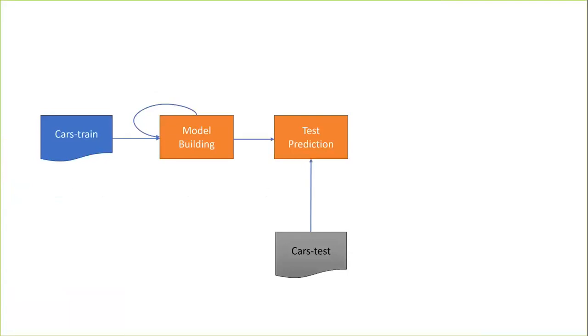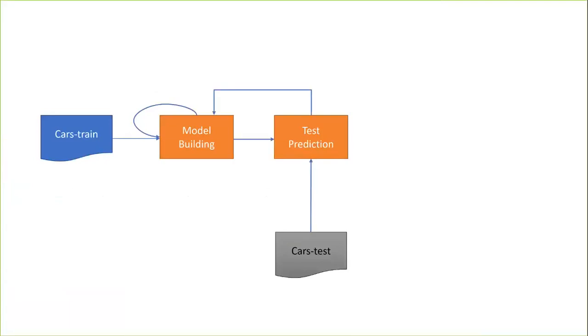You then test it. There's a CARS test data set that is also provided to you to do your predictions. Once you build the model, you test it using the test data set in this step.